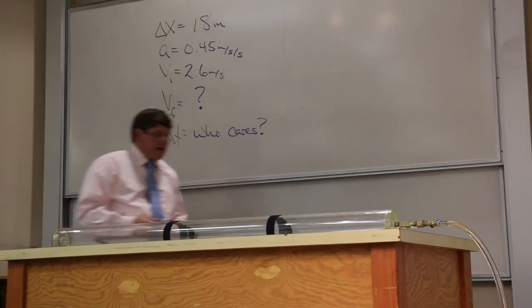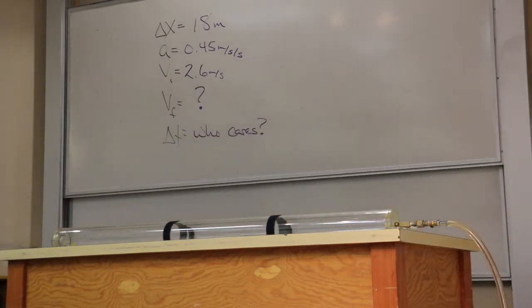Well, that who cares is actually the piece that tells me which of the 4 equations is going to solve my problem. If I don't know delta t, and I don't want to know delta t, I'm looking for an equation that doesn't have delta t in it. Well, there's a delta t, there's a delta t, there's a delta t. It's this last equation that I want to use.